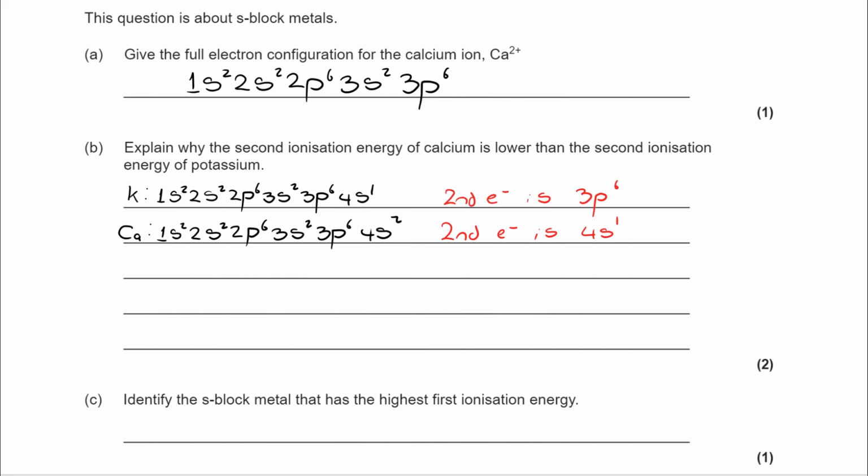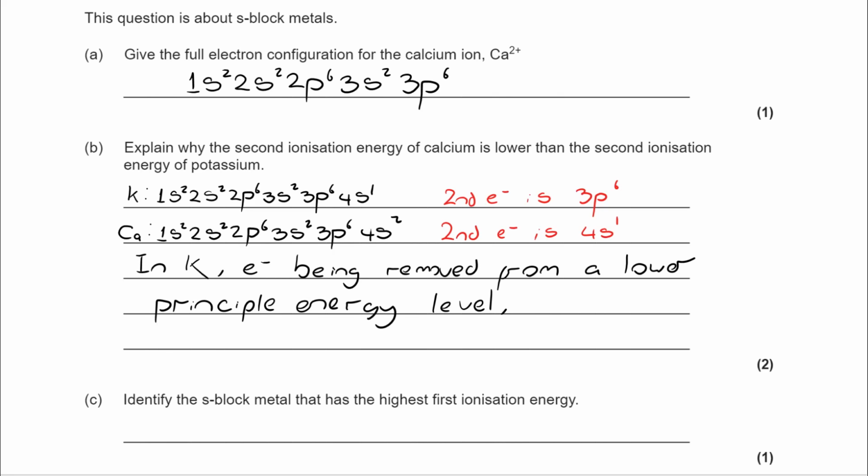In the case of potassium, it's 3p6, but in calcium, it's 4s1. So what we're seeing here is that potassium's second electron is being removed from a lower principal energy level. That means that it's closer to the nucleus, and it means that it's less shielded. So that means that potassium is going to be higher, and therefore calcium is going to be lower.